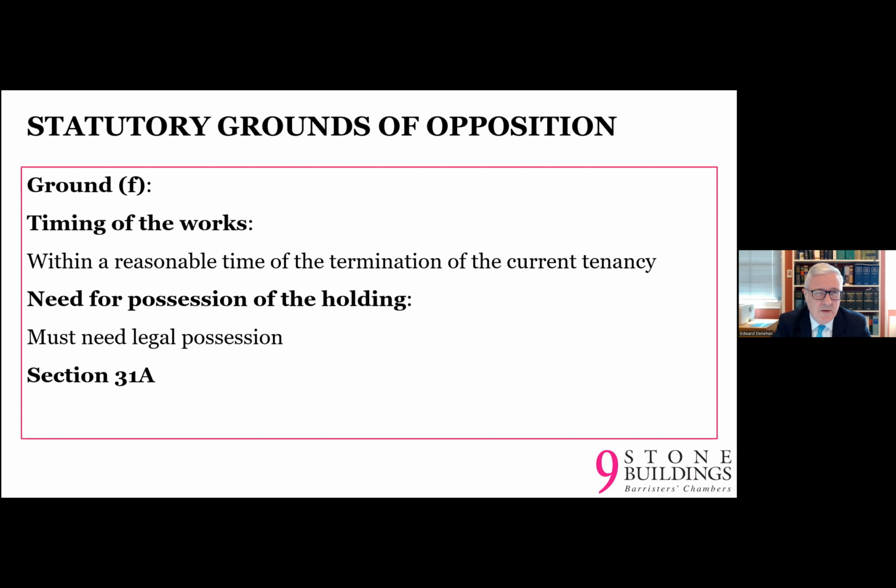I think I came across one case where the landlord sought to rely upon 31A, and the tenant said, well, you can come in and do the works under my new tenancy with a suitable clause inserted, and the issue was whether the tenant's business would be substantially interfered with, which is a criterion under section 31A. My recollection is it was the installation of central heating. I can't remember what the outcome was, but it very rarely arises.